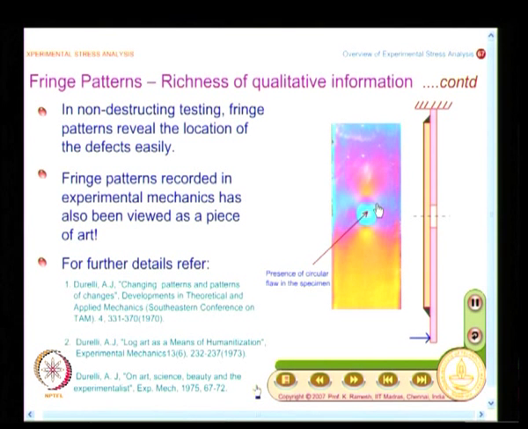So, this is another approach, people have used it, and identifying a flaw in a structure is a very challenging aspect. And what is the difference from an ultrasonic technique? In an ultrasonic technique, even benign flaws will be detected, because it will only look at material separation.